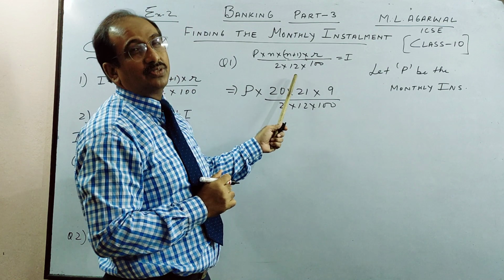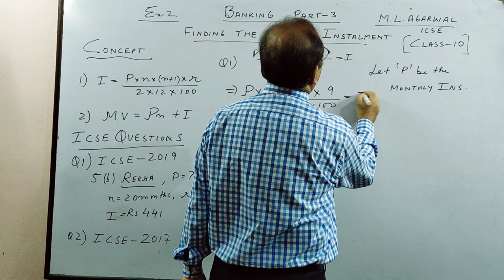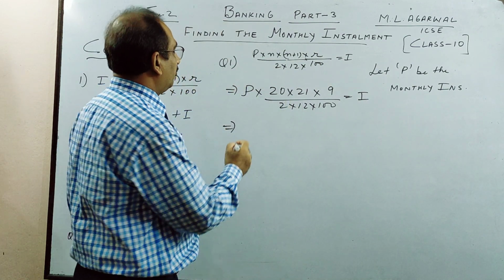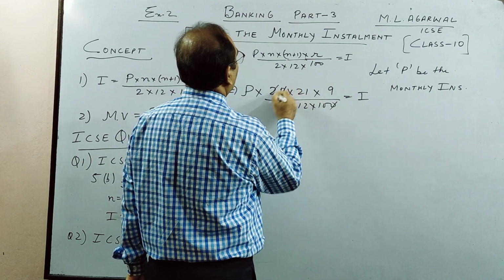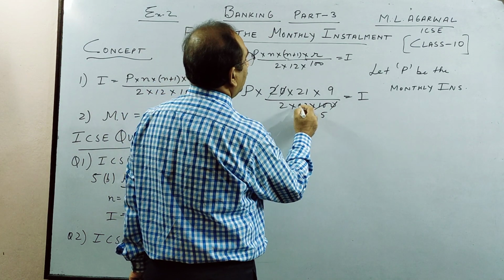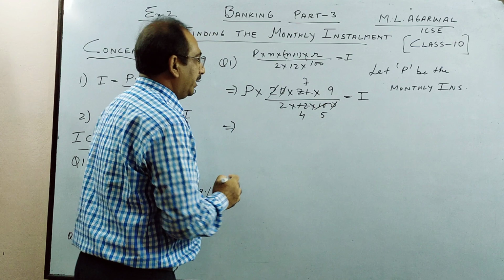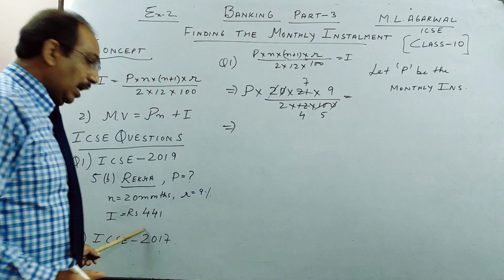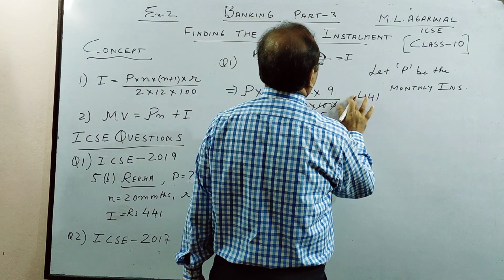Remember, this 12 is very important, you have to remember it, and it generally carries marks also. So let us see what we can cancel out. 0 0, 2 5s are 10, 3 4s are 12, 3 7s are 21. So P, and let us substitute the value of I. I is given, children, rupees 441.